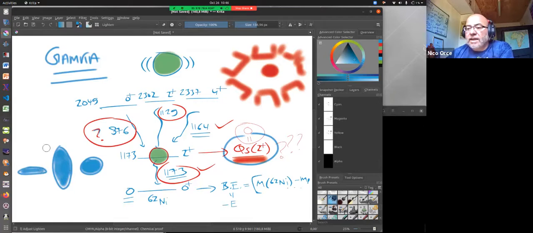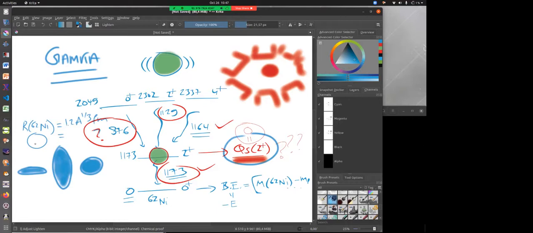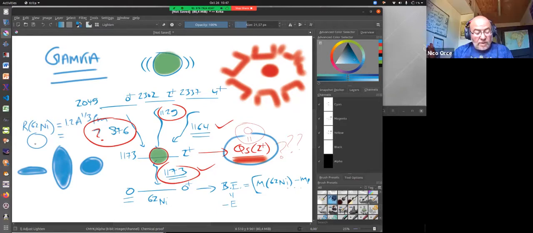How much is the radius, guys, of the nickel-62? Assuming a spherical shape, the radius of nickel-62 is 1.2 times A to the 1/3 Fermi, which is 62 to the power 1/3, like 4 point something, times 1.2.